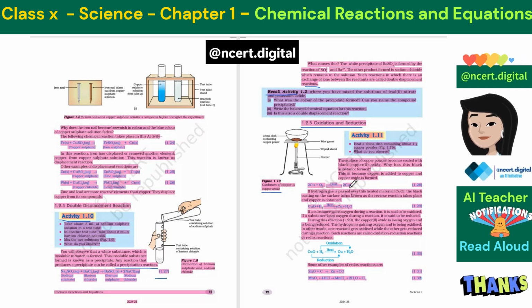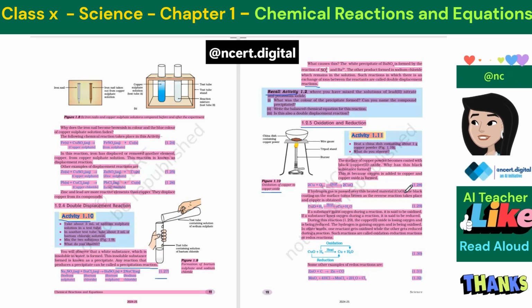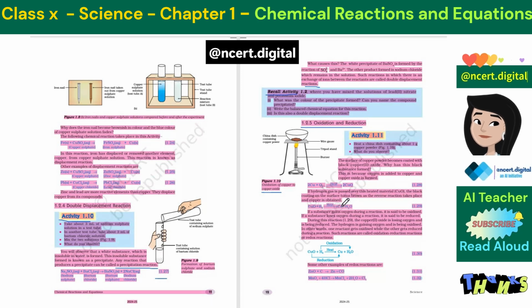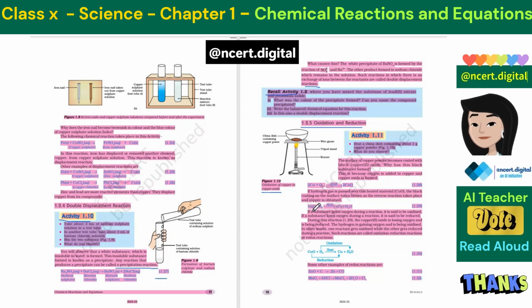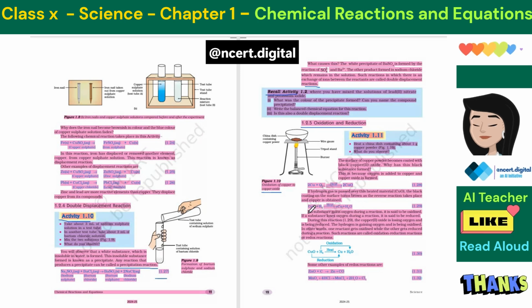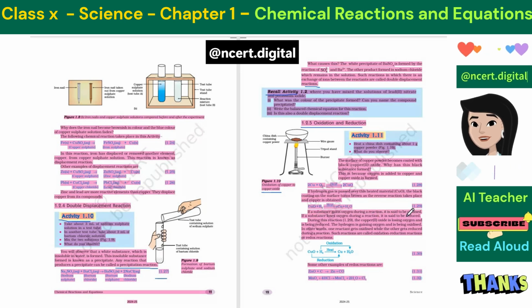2Cu + O2 gives 2CuO, 1.28. If hydrogen gas is passed over this heated material, CuO, the black coating on the surface turns brown as the reverse reaction takes place and copper is obtained. CuO + H2 heat gives Cu + H2O, 1.29. If a substance gains oxygen during a reaction, it is said to be oxidized.